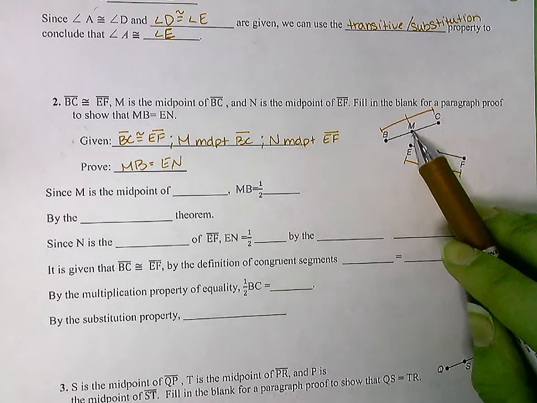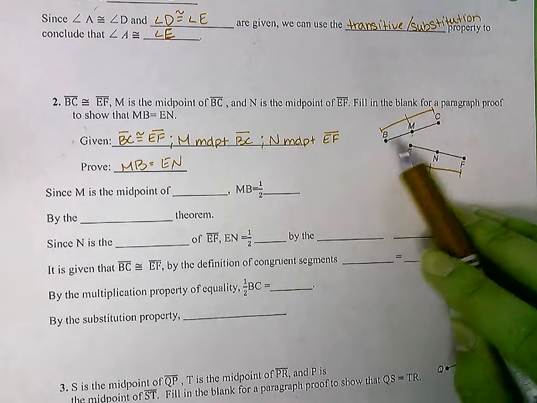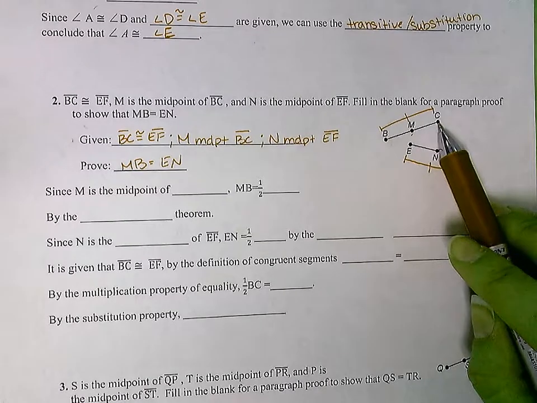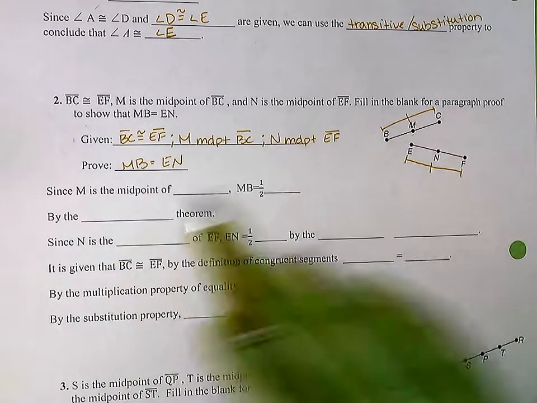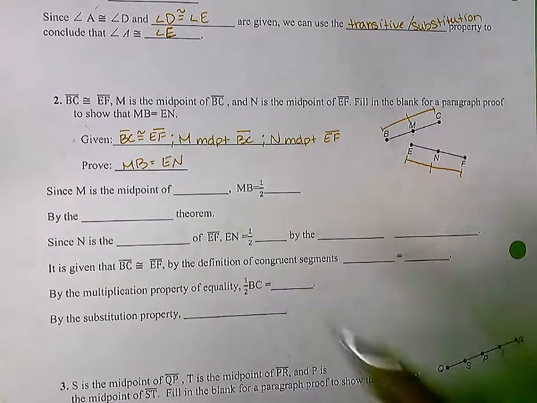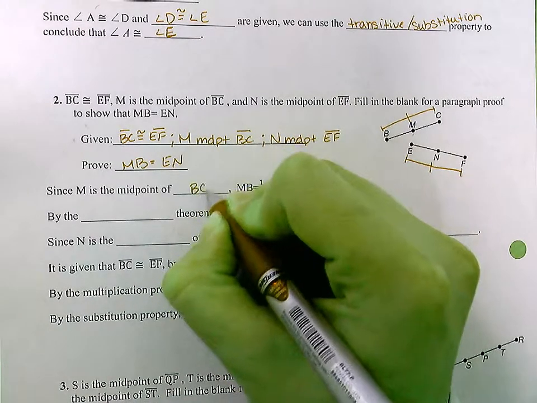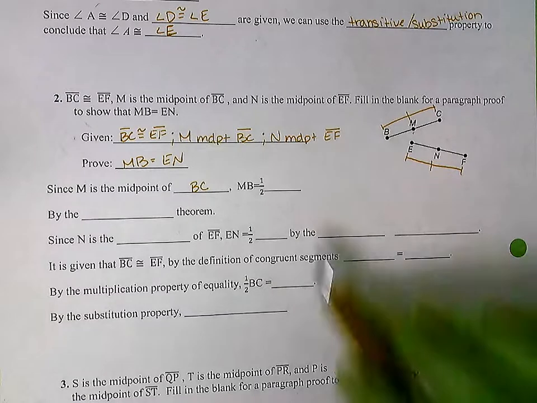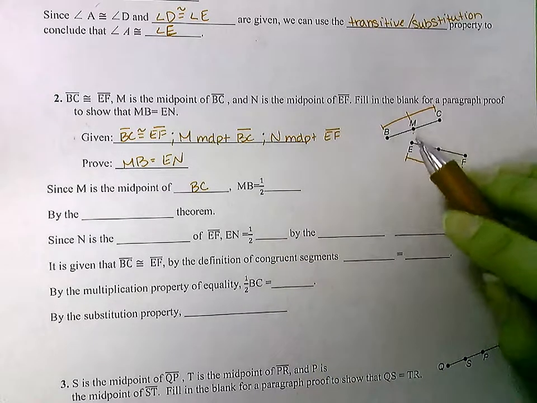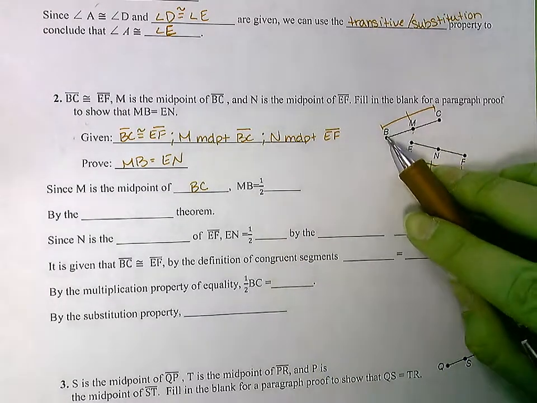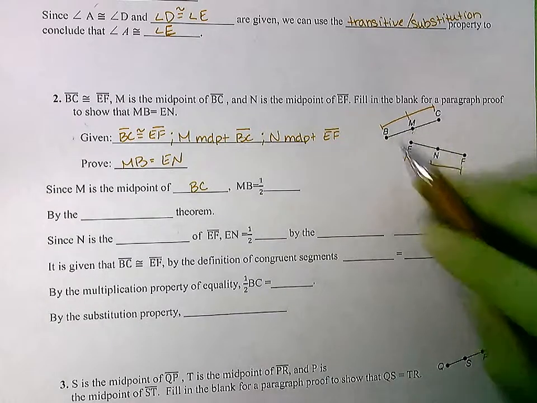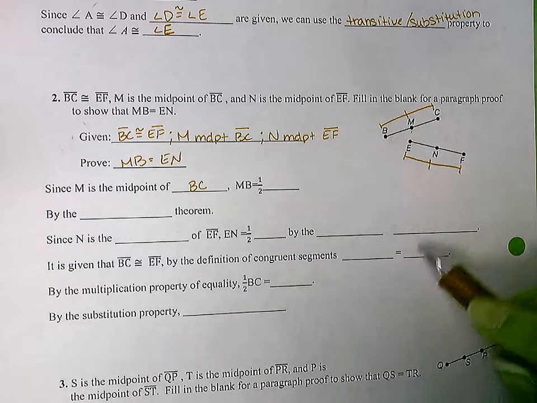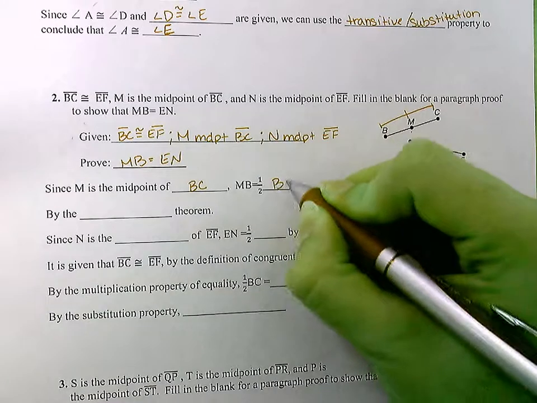Well, since M is the midpoint of that entire segment, since M is the midpoint of BC, I can conclude that MB would equal 1/2 of what? BC.